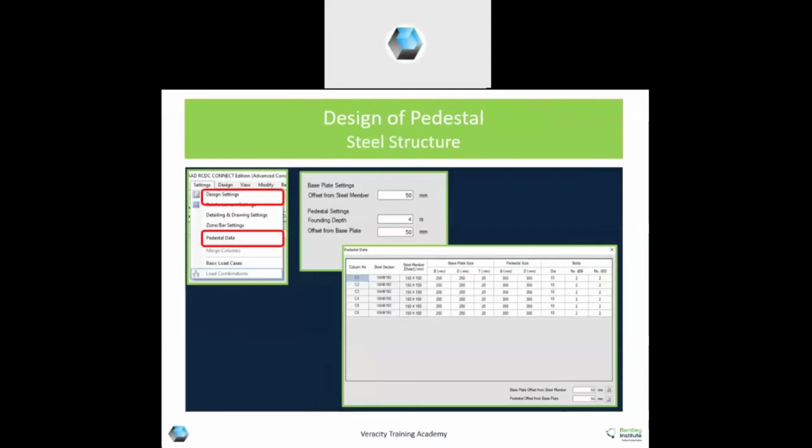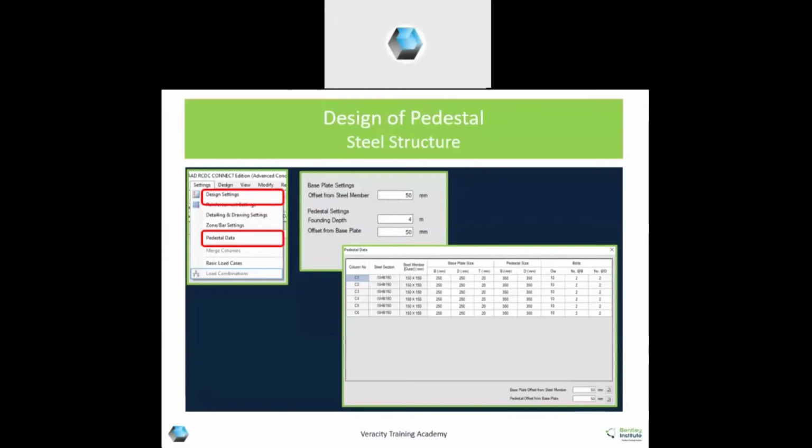Design of pedestal. If you are having a steel plant building where no concrete columns are there, but you want a pedestal for that, that also is designed. This pedestal data option will be highlighted only when your total structure is of steel.